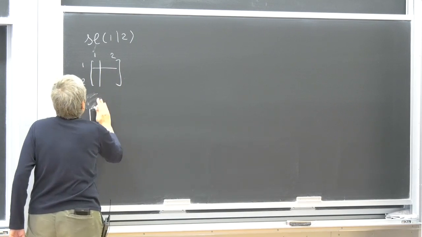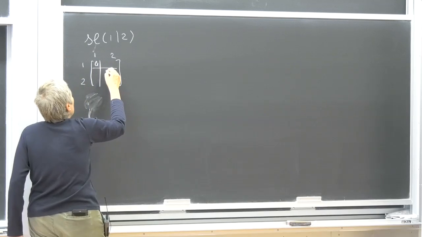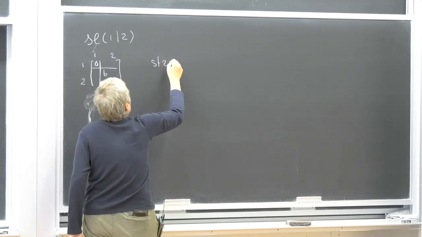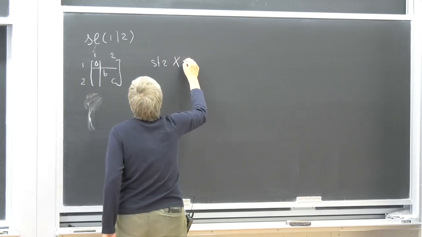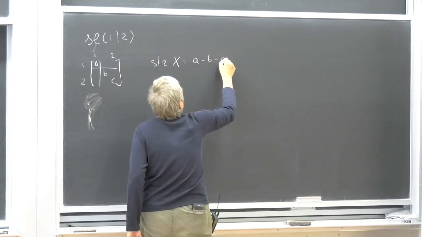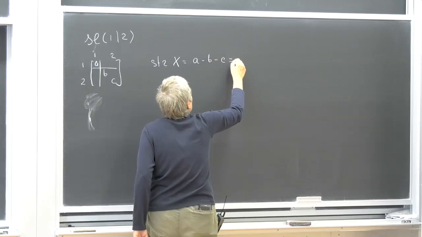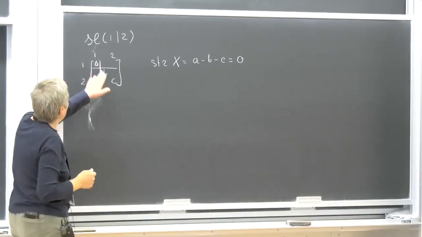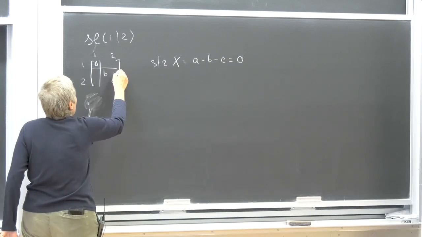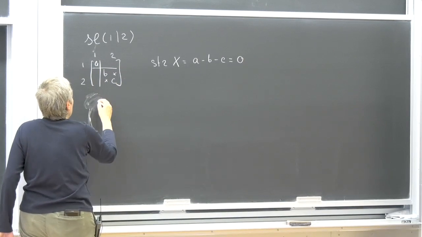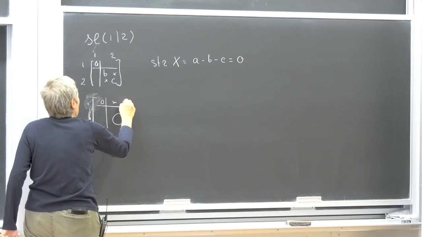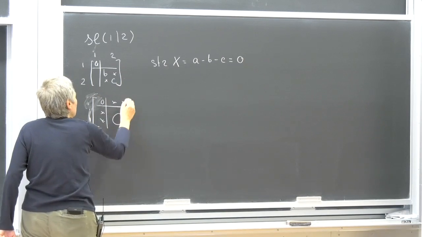So maybe I just write down the diagonal thing, the supertrace 0 means that A minus B minus C is 0. So the matrices of this form where this is the even part, and this is the odd part.